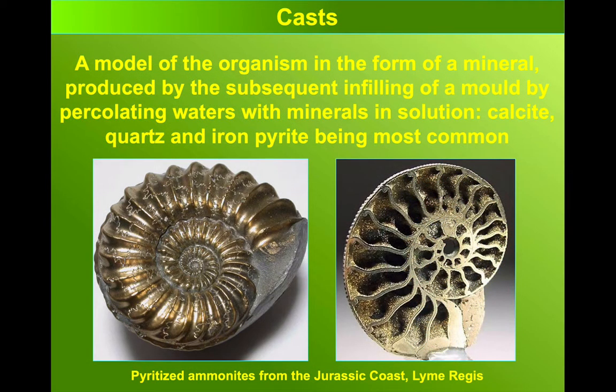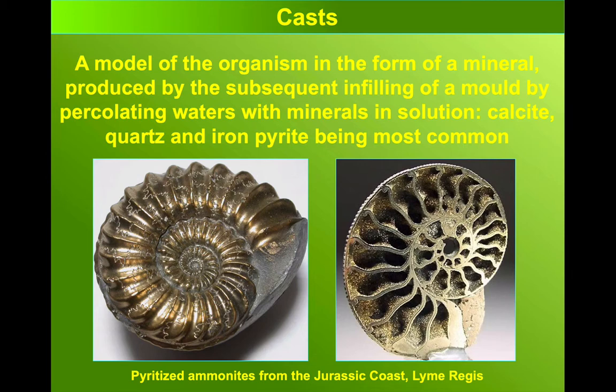A cast then is where we get a mould that gets infilled with other minerals. So what we see then is often a very solid representation of the original shell material.